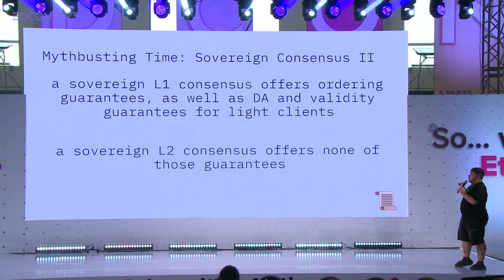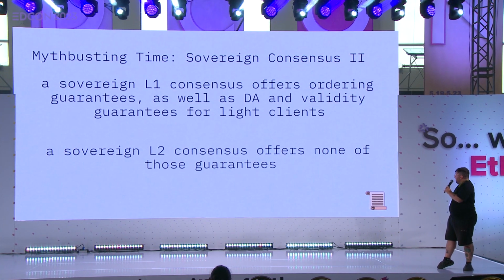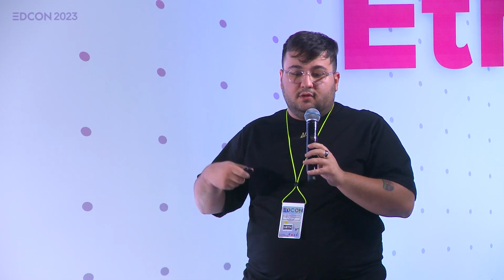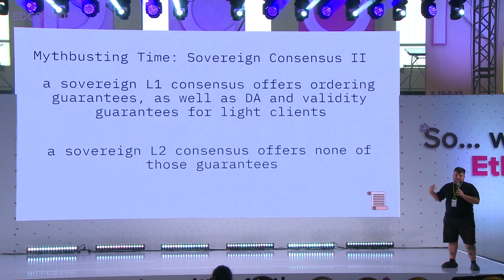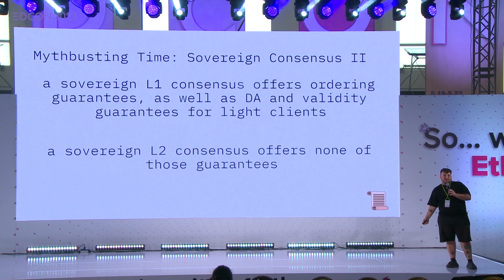It offers ordering guarantees as well as DA and validity guarantees for light clients, whereas a rollup consensus doesn't do that. It's just used to provide better real-time censorship guarantees, and that's it. Therefore, the reason why some of us use consensus mechanisms in rollups is not the same reason why you would use a consensus mechanism for an L1. The reasons are completely different.